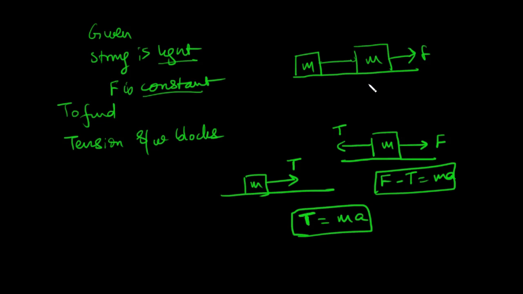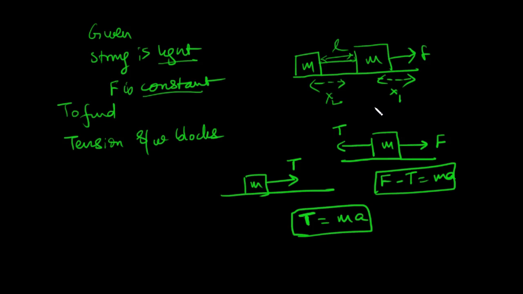Now since the string is light, the two blocks will move with the same acceleration. Alright, if this block displaces a distance x1 over here, this block displaces a distance x2 over here. And this is the length of the string. Now after displacement, what will be the length?